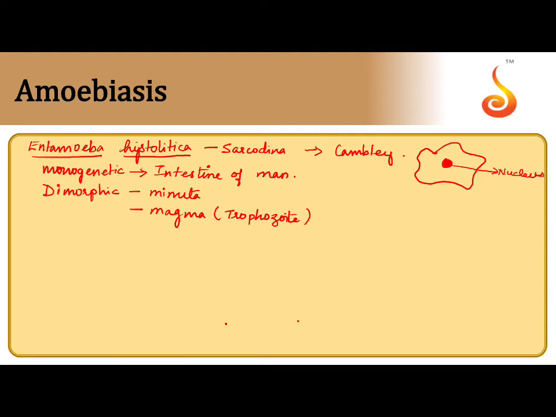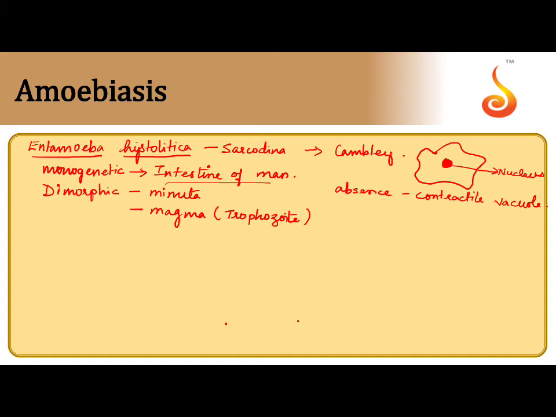But along with the nucleus, there is an absence of contractile vacuole. Now, why is this contractile vacuole absent? Because if it led its life in an open condition, it would have faced favorable and unfavorable conditions. But since it lives in the intestine of man, it doesn't have these kinds of issues.